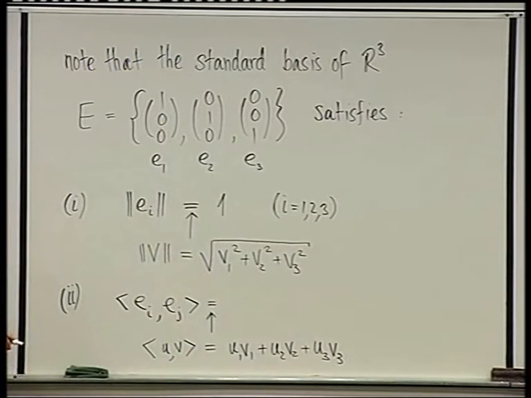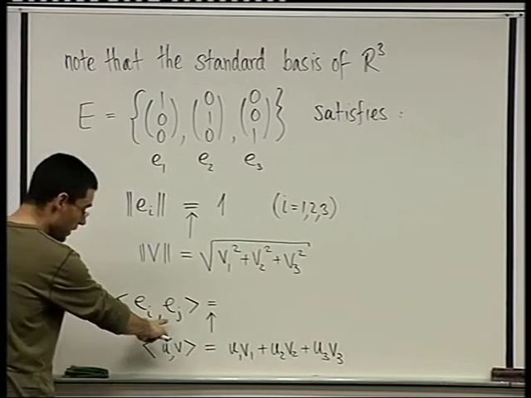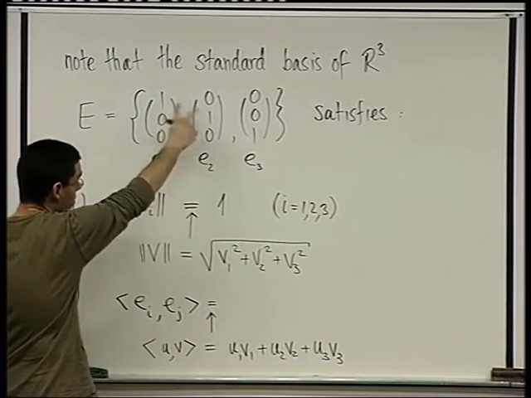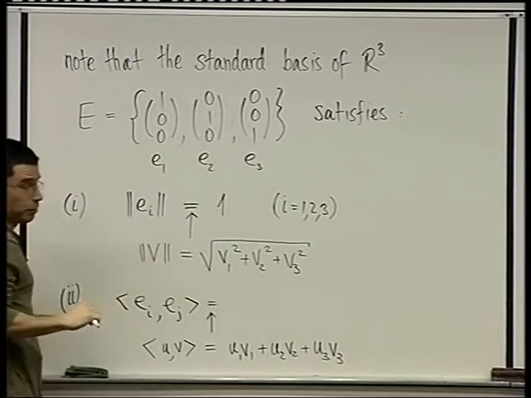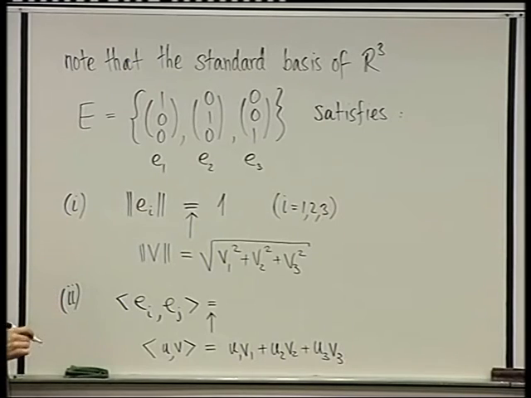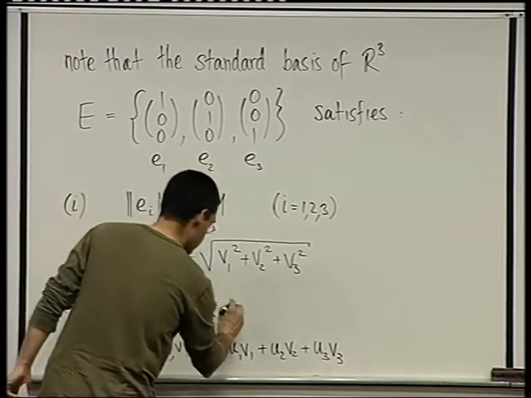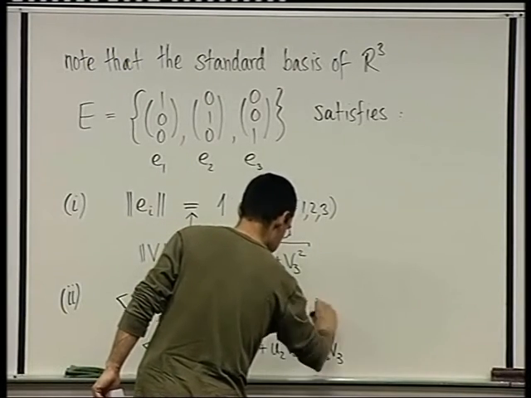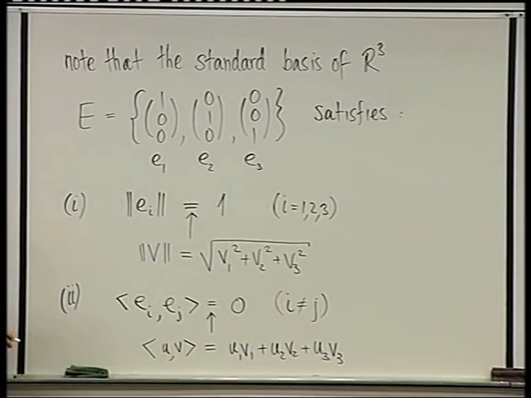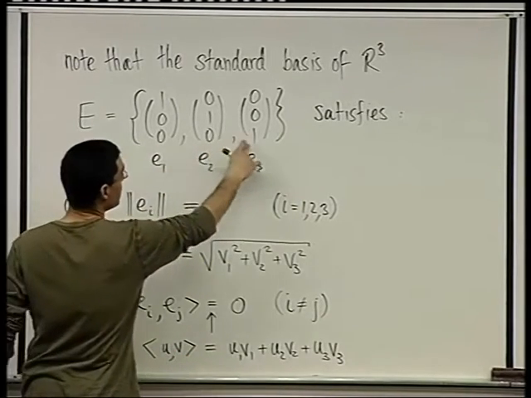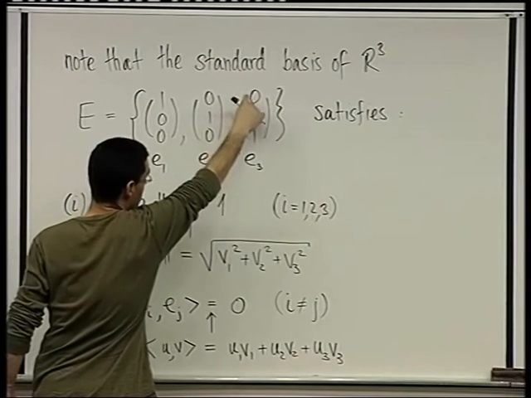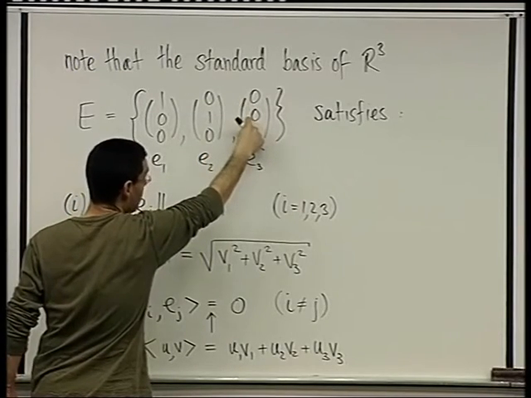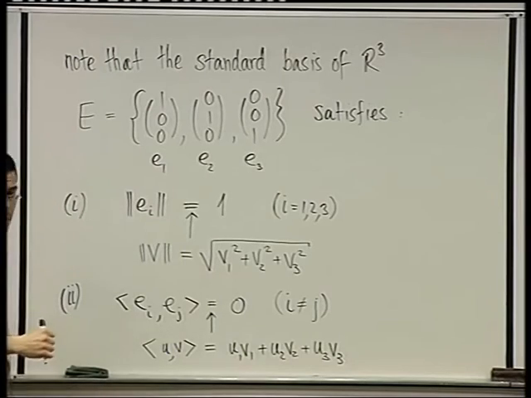That's the inner product on R3. So if you take Ei and Ej, you just have to sum the products of their coordinates. So what's going to be the inner product? 0. Do you agree? For i not the same as j. If you take, let's say, E2 and E3, their inner product is 0 times 0 plus 1 times 0 plus 0 times 1. Good, everybody?